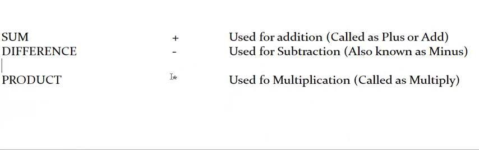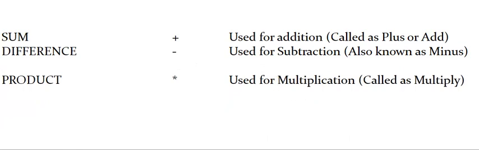The word product is used for multiplication, and it is also known as multiply. If you notice the sign, it does not look like the x which we study in our mathematics book, because x is a complete letter which is not equal to multiply. So if you need to get this star or asterisk on a computer, what will you have to do?